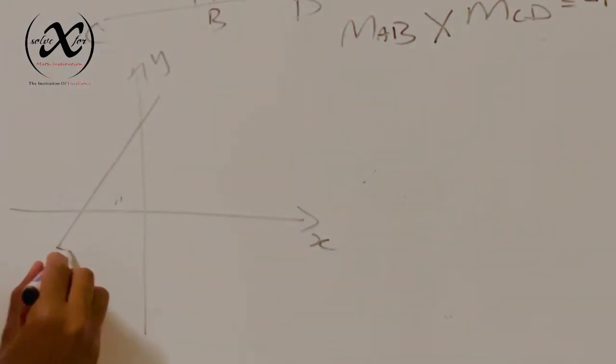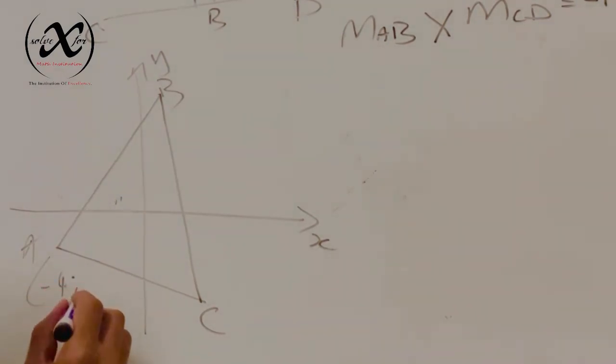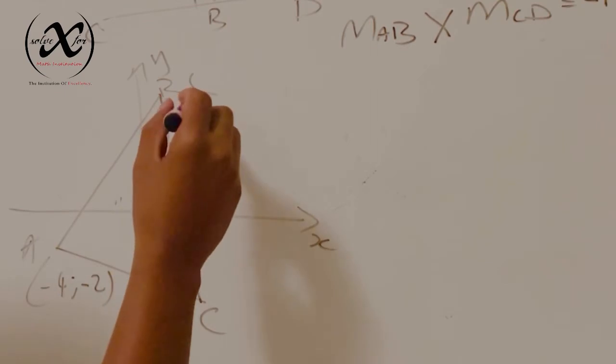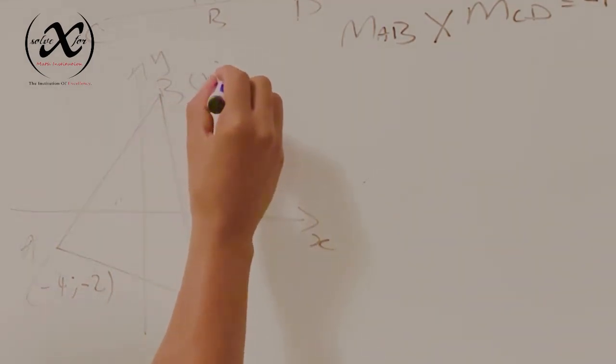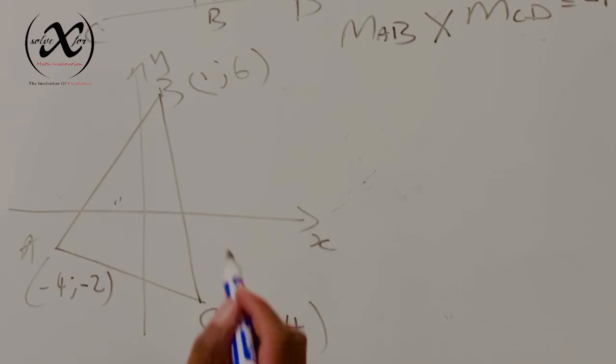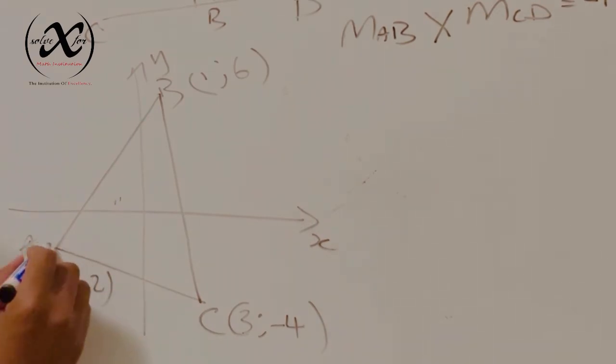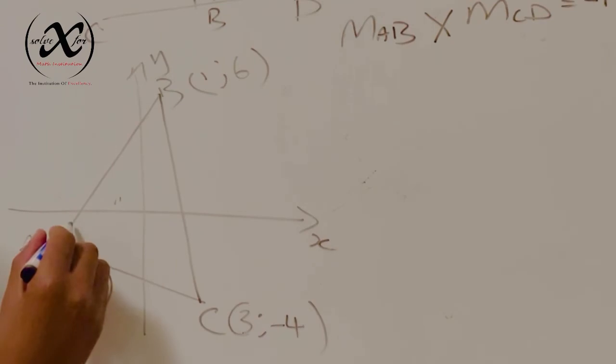A, B, C. Let's say here we have -4 and -2, there we have 1 and 6, and here let's say we have 3 and -4.